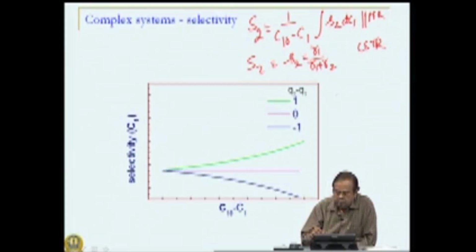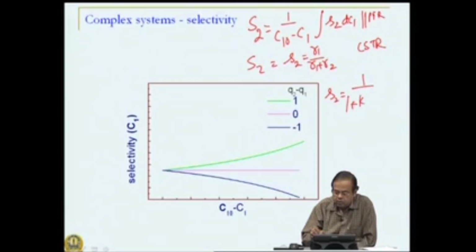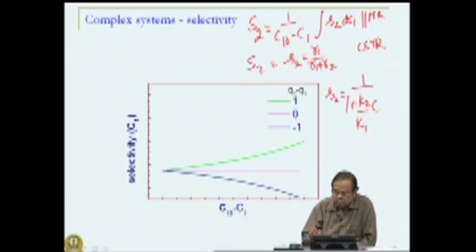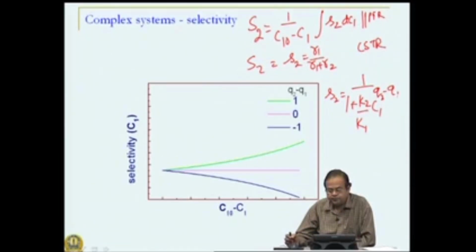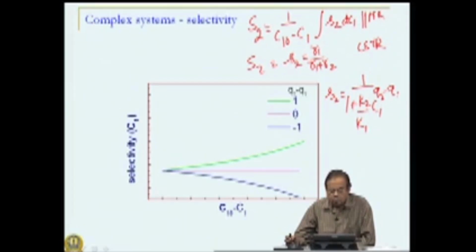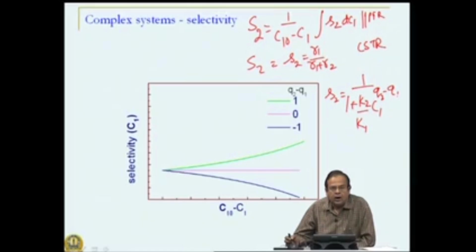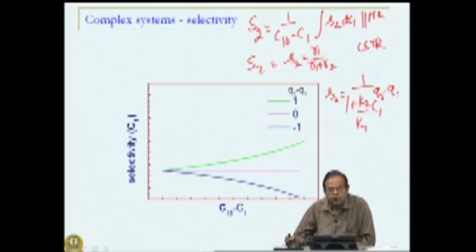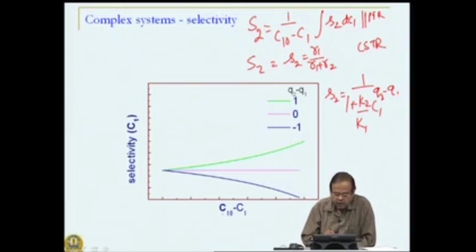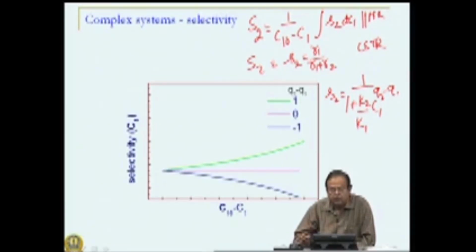And my selectivity is 1 by 1 plus K2 by K1 C1 raised to Q2 minus Q1. So, let us examine what happens to our selectivity as a function of concentration of C1, but instead of looking at C1 we are going to look at C10 minus C1.